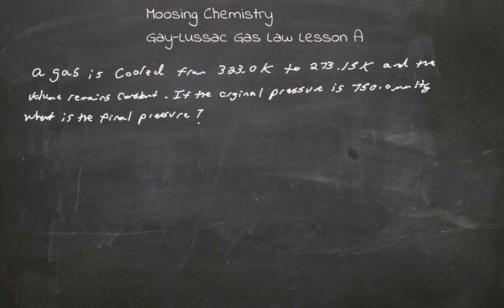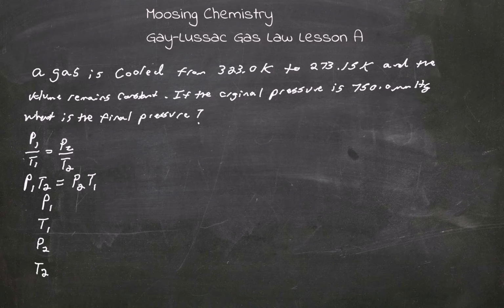Again, remember that it's P1 over T1 equals P2 over T2, which is the same as P1 T2 equals P2 T1. So now our P1, T1, P2, T2. Let's find out what our pressures are. That's what I meant to say.